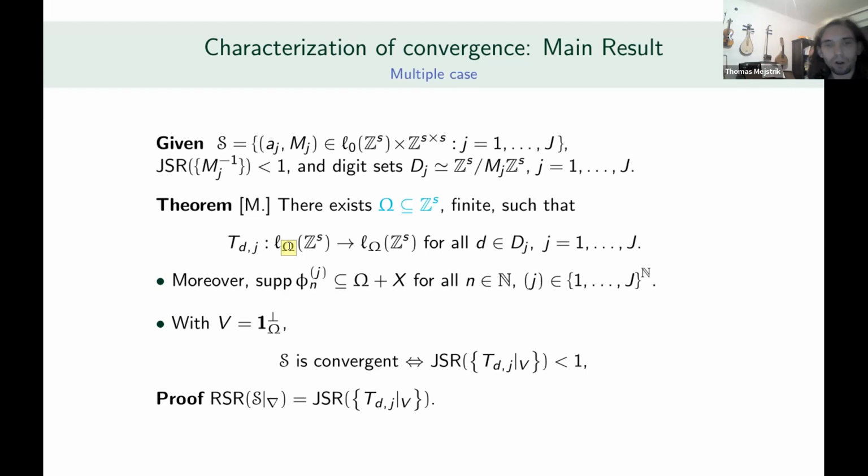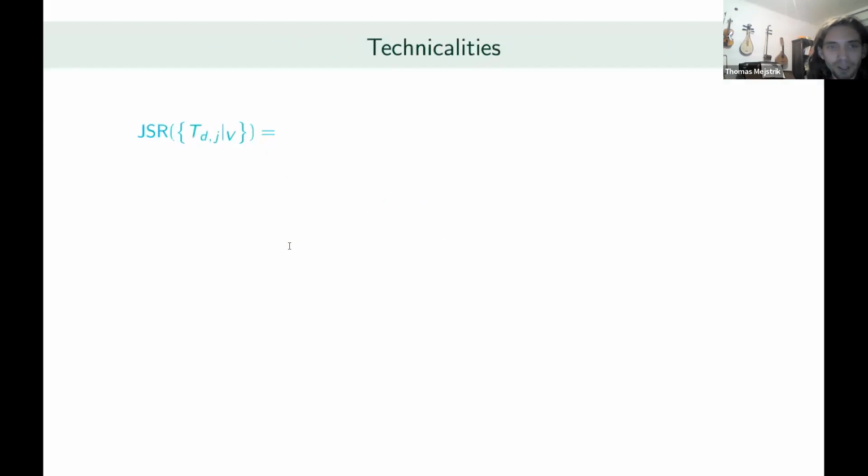So any possible subdivision scheme is convergent if and only if the joint spectral radius of those restricted matrices is less than 1. And the proof is easy because the joint spectral radius equals this restricted spectral radius, and that's it. So we go on.